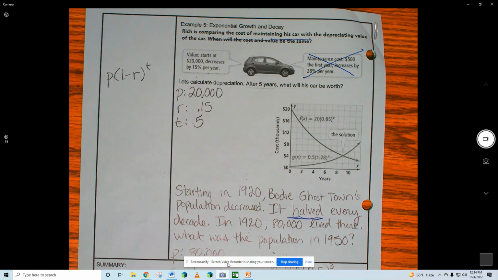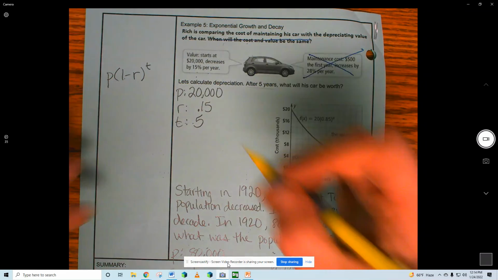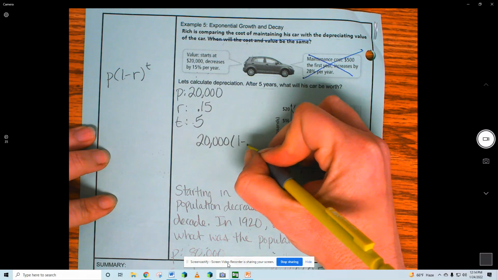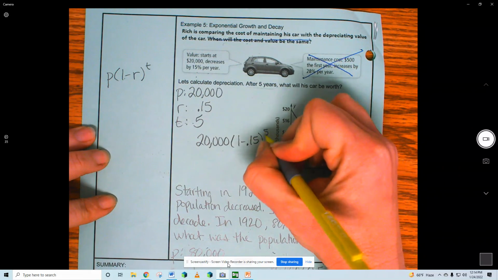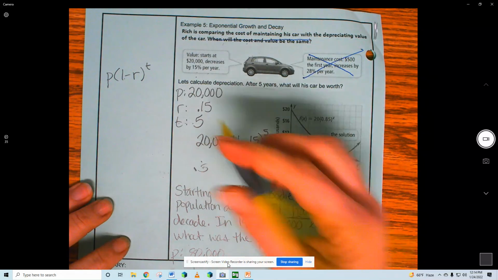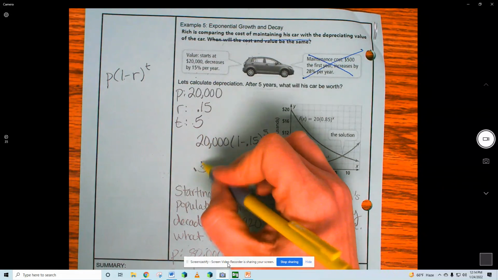Wait, let's try it. Can we try it without your calculator? So, how much money is the car worth in 5 years? 8,000 is a big decrease, you guys.